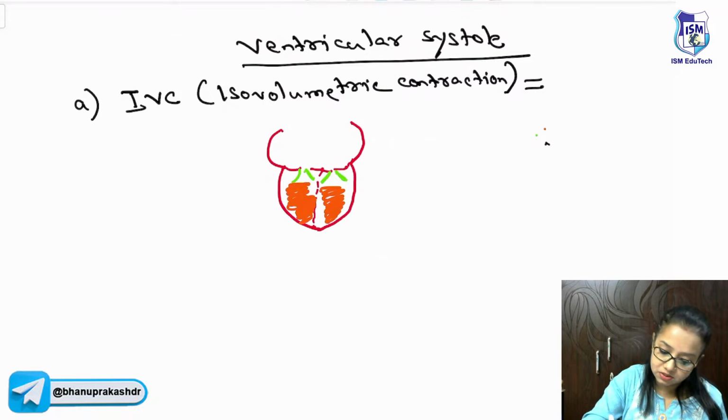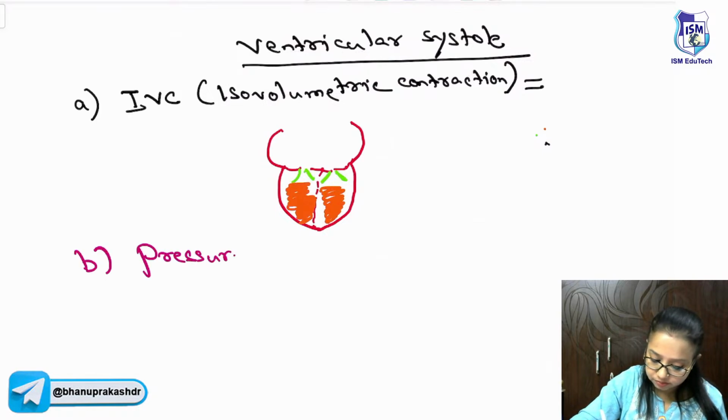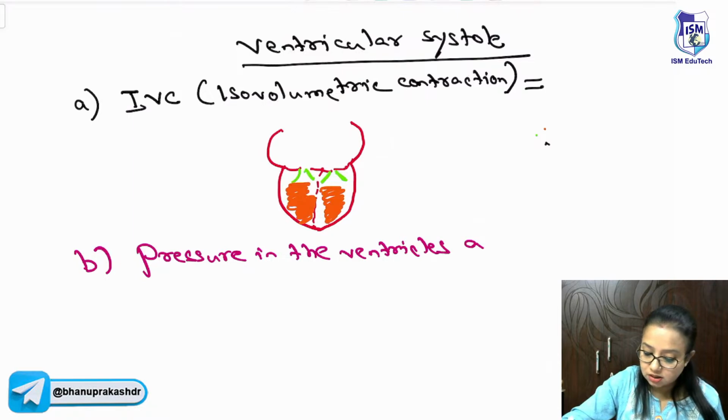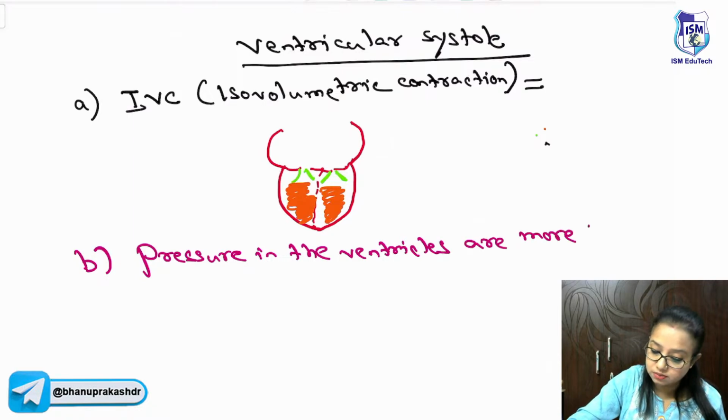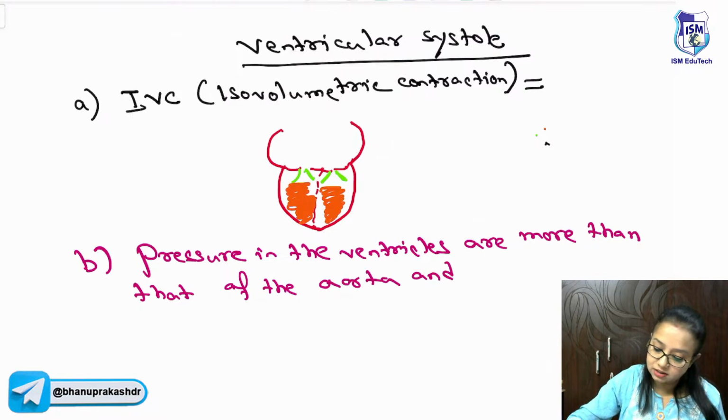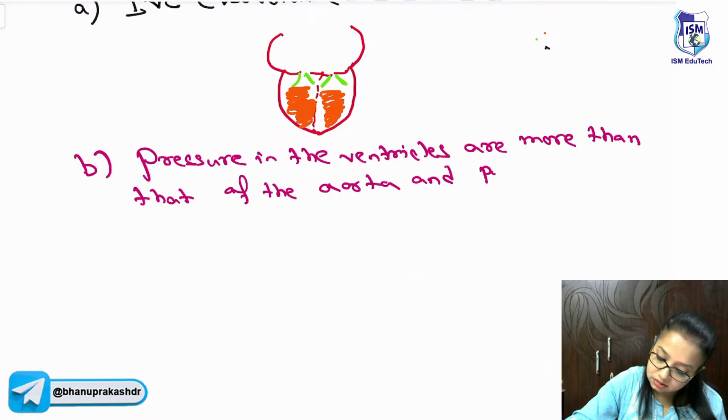Now, here what happens? The pressure in the ventricles is more than that of the aorta and pulmonary artery.